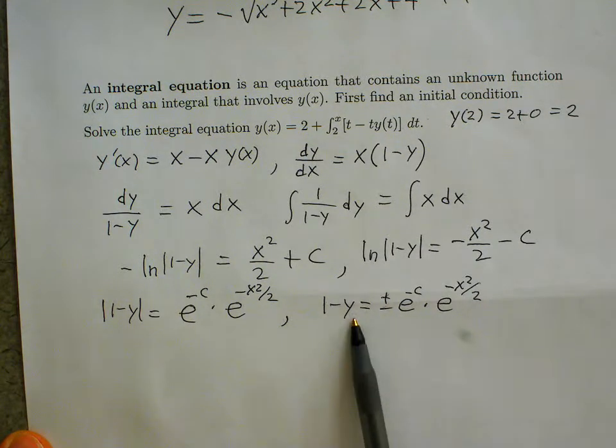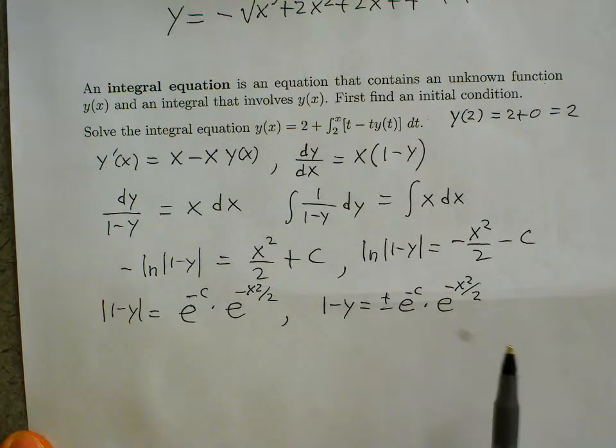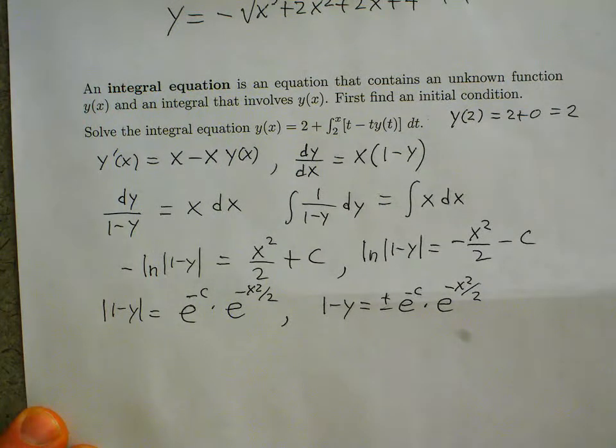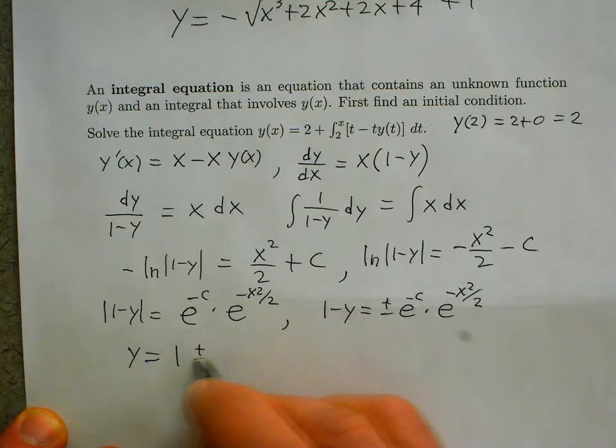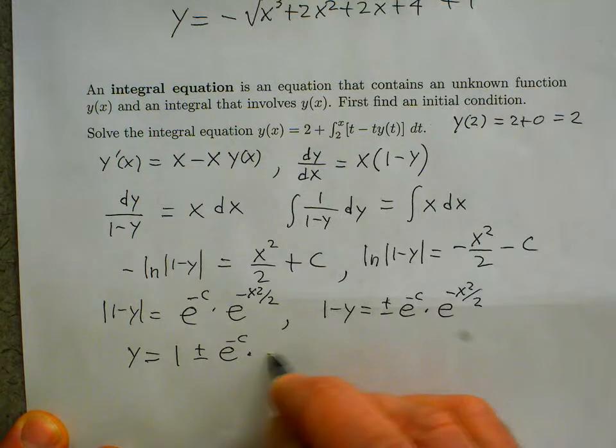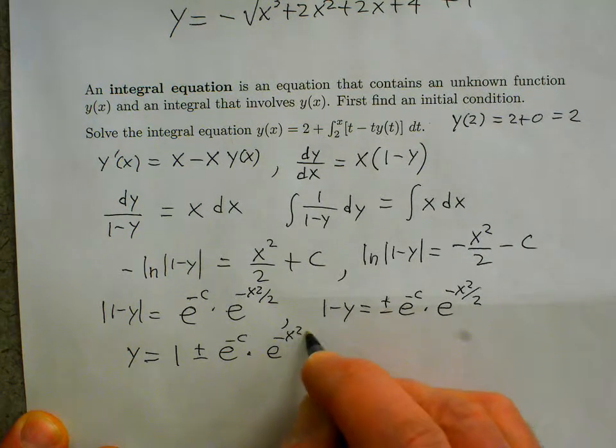Okay, so we can solve for y. If we add y to both sides and subtract the positive or negative expression, we can write it as y equals 1 plus or minus e to the negative c times e to the negative x squared over 2.